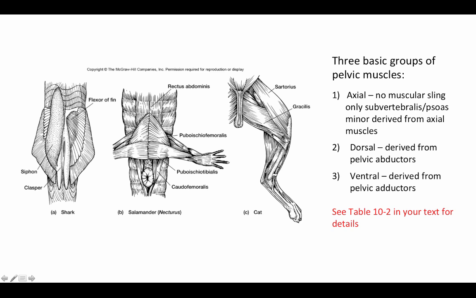And this can be done either by thinking about their attachment points and thinking when that muscle shortens, what action is it going to have on the skeleton, and also thinking about its placement on the skeleton, ventral or dorsal, to try to remember what the action of that muscle is going to be.